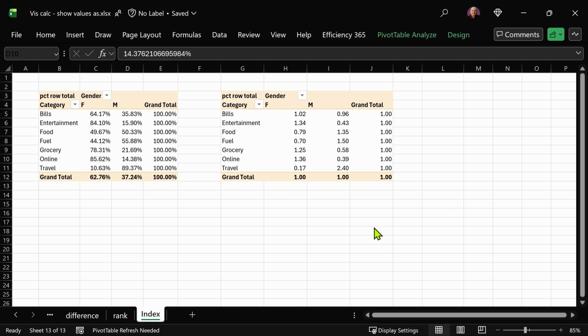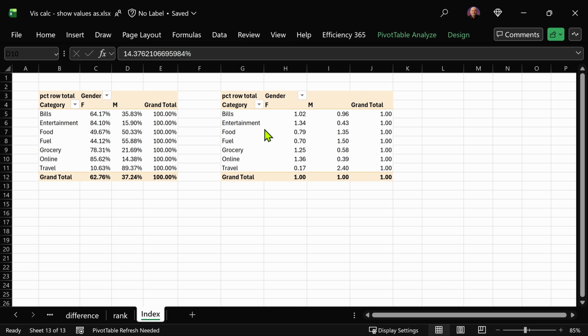So it's balanced. What is more important is once you have created the index, how do you interpret it and what is the practical benefit? If the value is 1, that means there is nothing significant, average. If the value is more than 1, that means there is a higher likelihood. So bills 1 and 96 almost the same, so nothing.